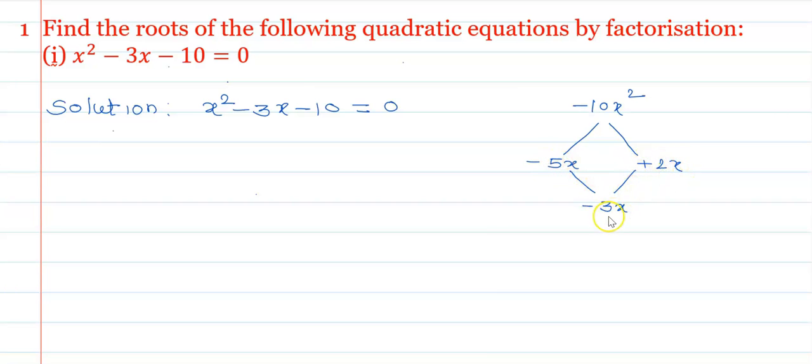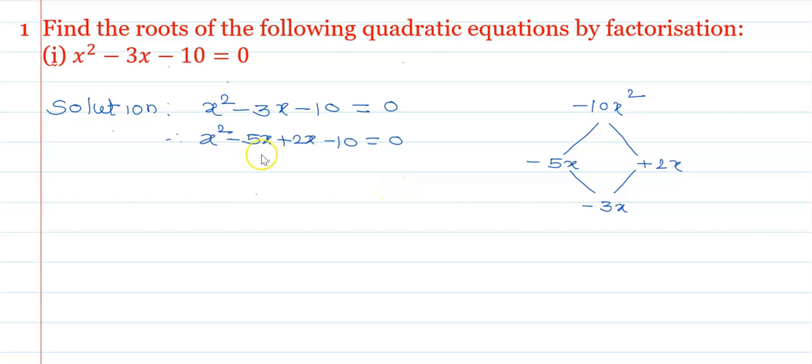Minus 5x plus 2x is minus 3x, and minus 5x into plus 2x is minus 10x square. Therefore we write x square minus 5x plus 2x minus 10 is equals to 0.